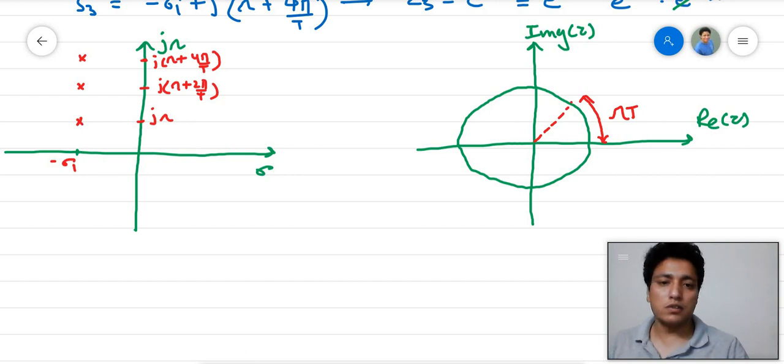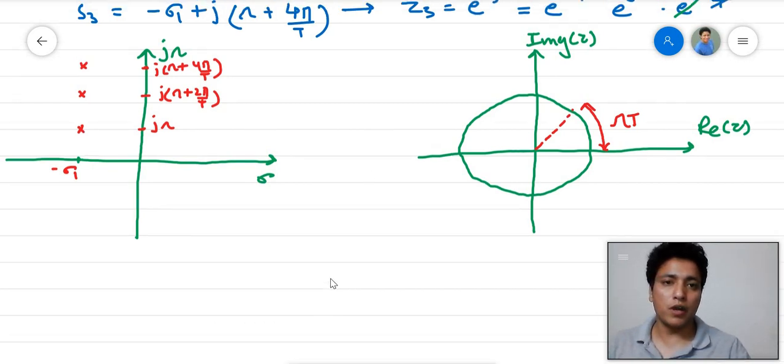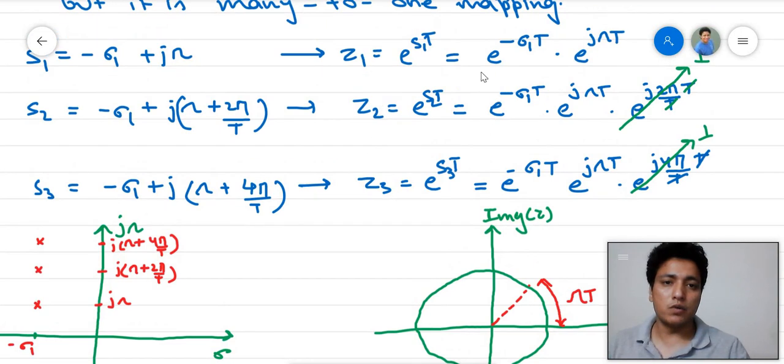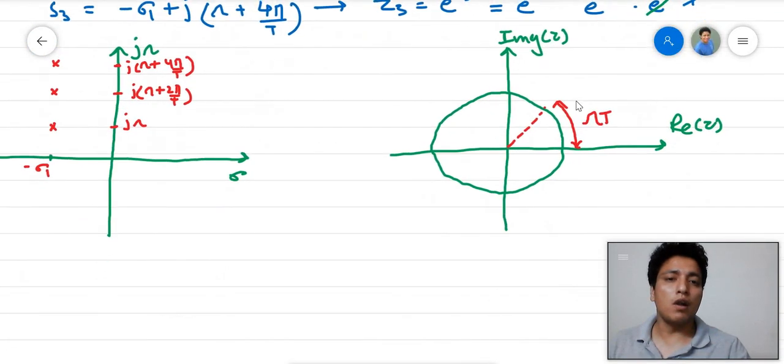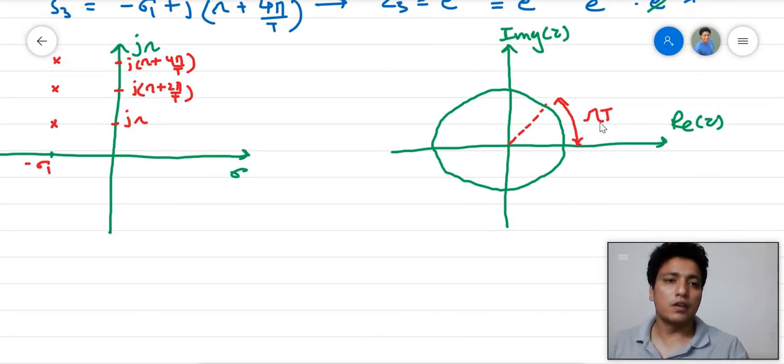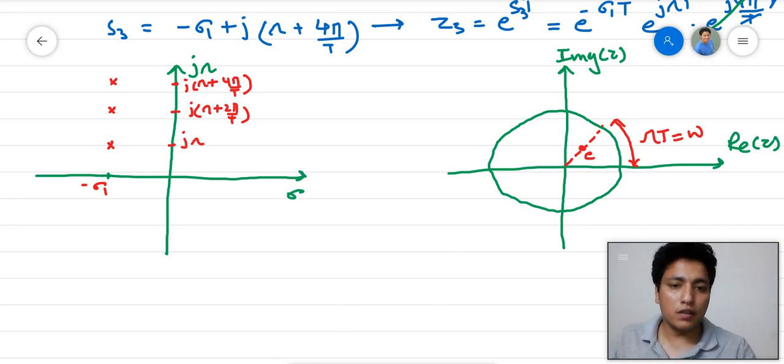So all these poles Z1, Z2, Z3 are exponential minus sigma 1 t, exponential minus sigma 1 t, exponential minus sigma 1 t, and exponential j omega t, exponential j omega t, and exponential j omega t. So all are located at the same frequency, that is omega t is equal to omega, as we have already found out. So this is the point, exponential minus sigma 1 t. The poles are located at this point.